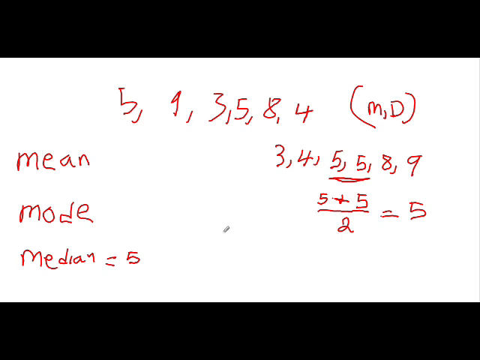If you look at 3, 4, 5, 5, 8, 9, which number occurs more times than any other number? The answer is obviously 5. 5 occurs 1, 2 times. That's your answer. Mode is asking for the frequency. So let's go back here and write down mode is equal to 5.